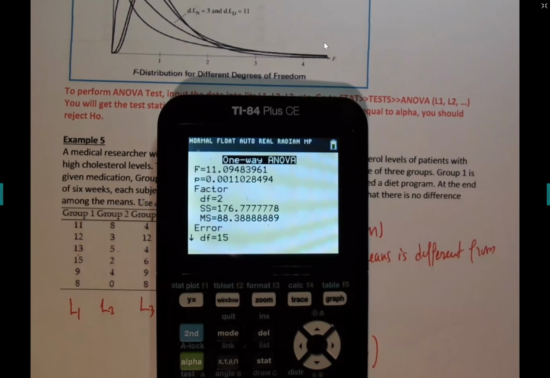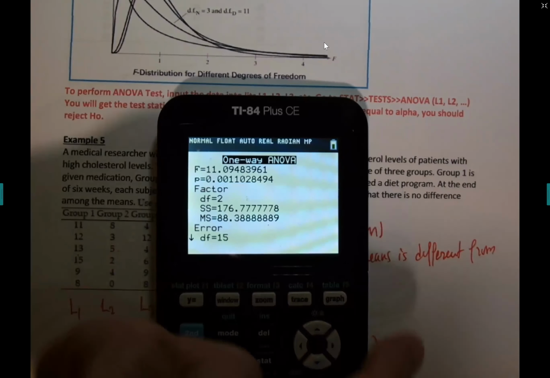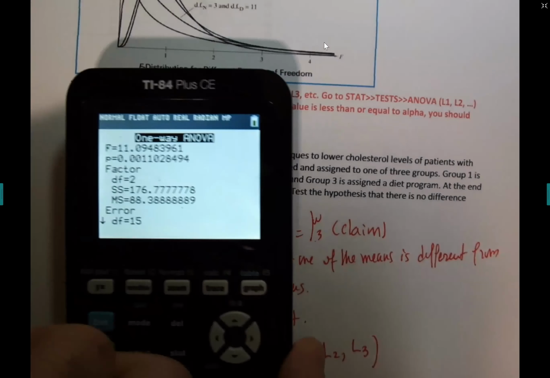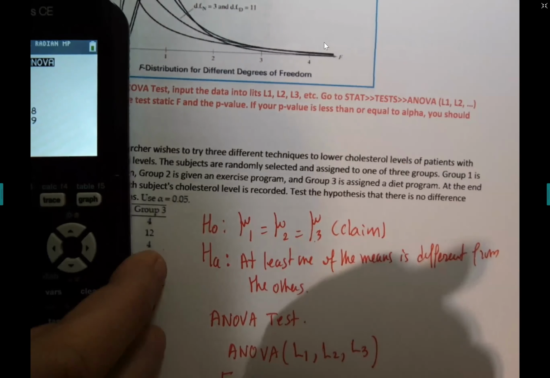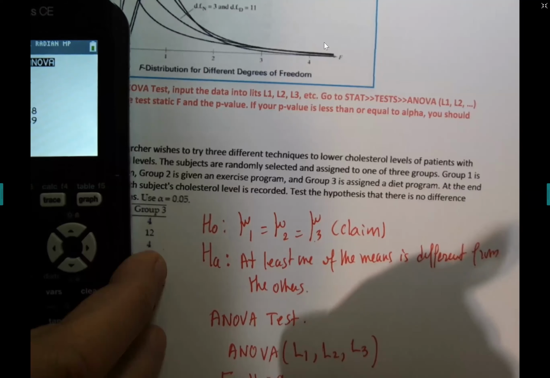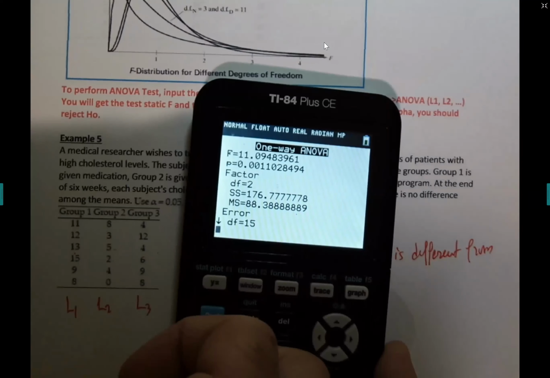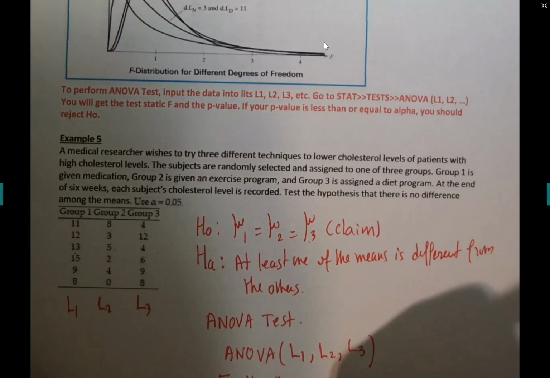Watch. The first value is the F statistic, which is called the test statistic, 11.09. The p-value is 0.0011, which is less than alpha.